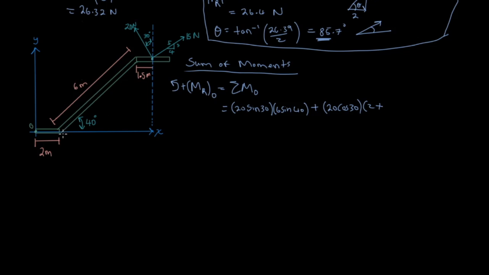So plus this distance here, which will be 6 cos 40, plus this distance here, the rest of the way, which is 1.5 meters.